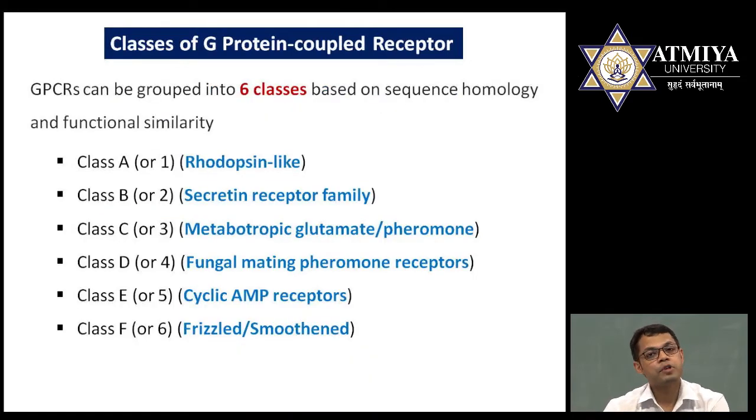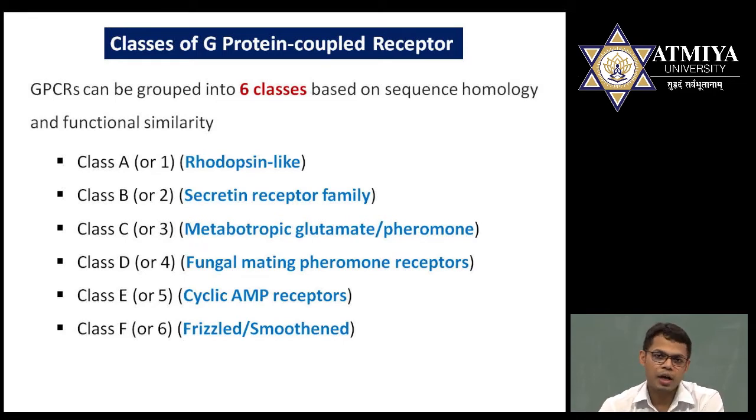Now come to the types or classes of receptors. There are 6 different classes of G protein coupled receptors on the basis of sequence homology and functional similarity. Among these 6, rhodopsin is one of the very common ones. Second is serpentine receptor. Third is pheromone receptor, which is also known as metabotropic glutamate. Fourth is fungal mating pheromones. Fifth is cyclic AMP, and sixth is smoothened receptors.